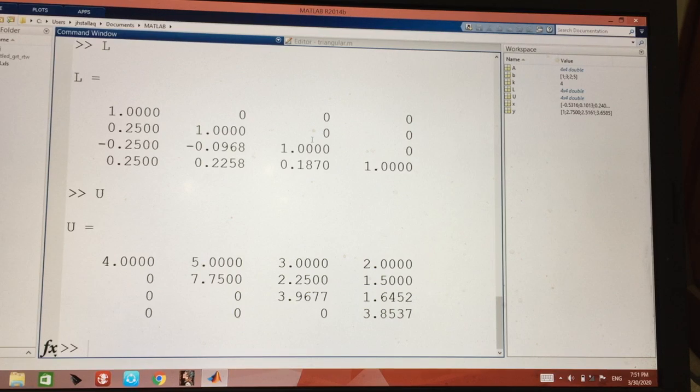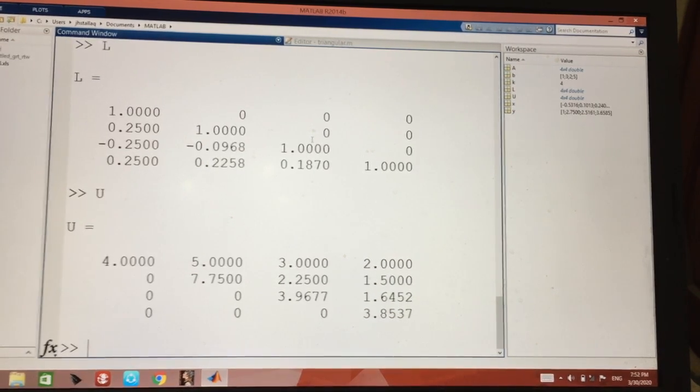The first row is the same, it doesn't change, 2.25 and 3.9677, and here is 0, and then 2, 1.5, and 1.6, 4.526452, and then 3.8537, okay? You obtain that.